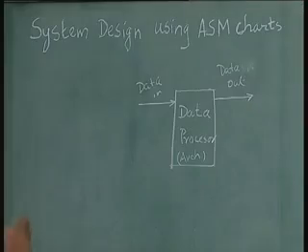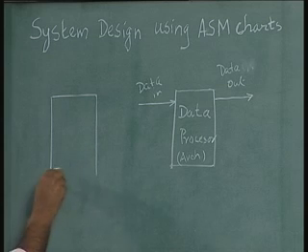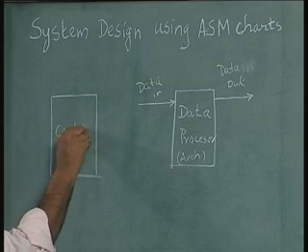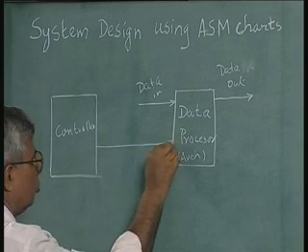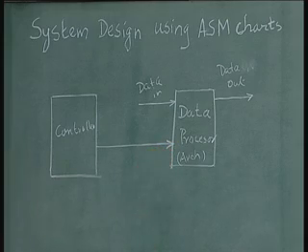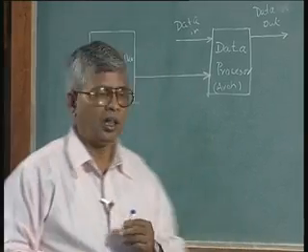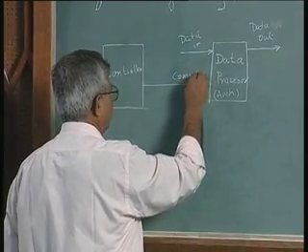So, we have another block called a controller. The job of the controller is to give signals to the data processor so that it can be done effectively. These signals are called command signals or simply commands.